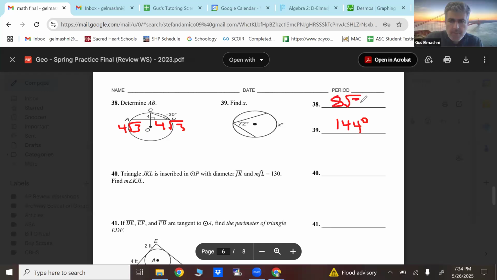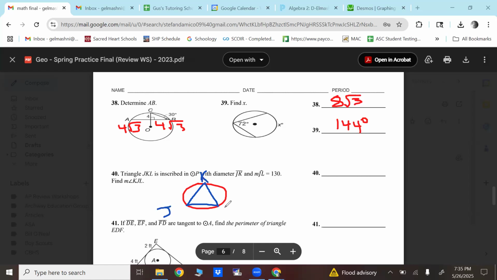Yeah, that's J. KL. Oh, that JK's diameter. Shoot.